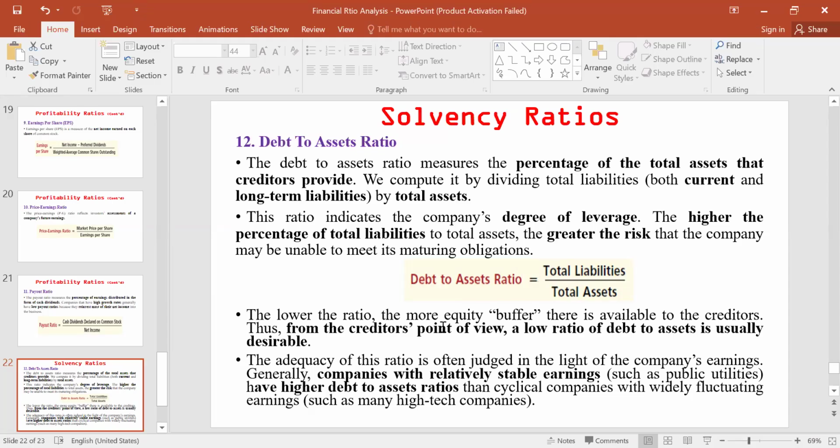The lower the ratio, the more equity buffer is available to creditors. Thus, from the creditor's point of view, a low debt to asset ratio is usually desirable. So the lower ratio is better. If you get a low figure, this is good for your organization and you can easily take a sound decision about this.